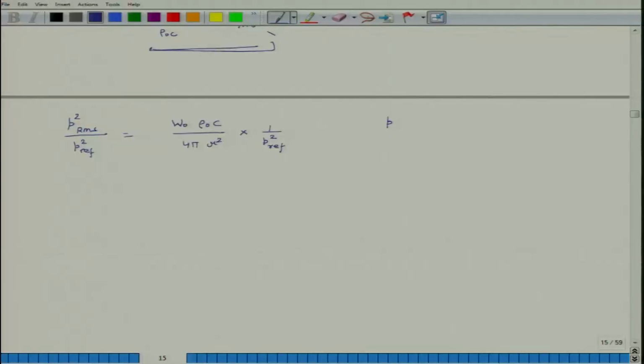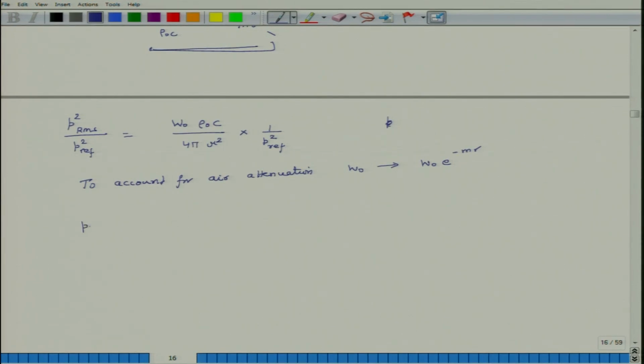The total amount of watts which will cross that will be W naught times e to the power of minus mr. So, to account for air attenuation, I replace W naught by W naught times e to the power of minus mr.